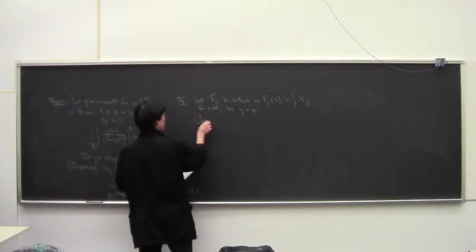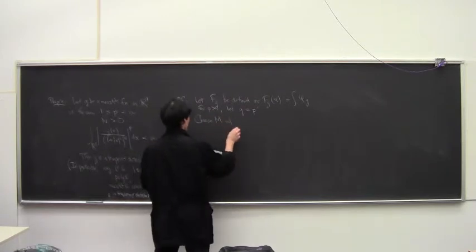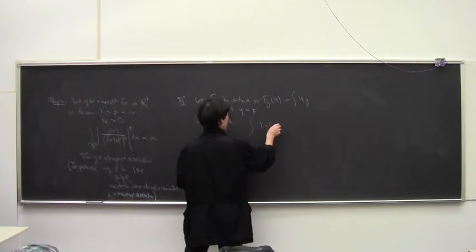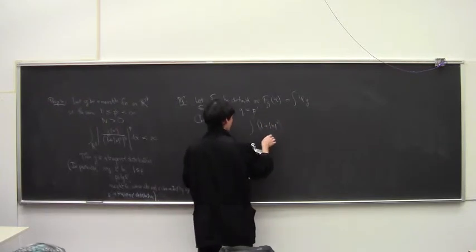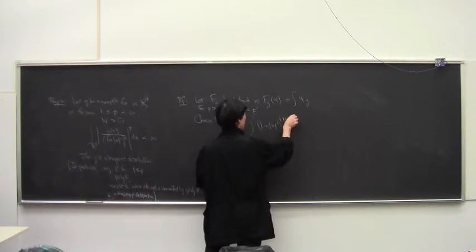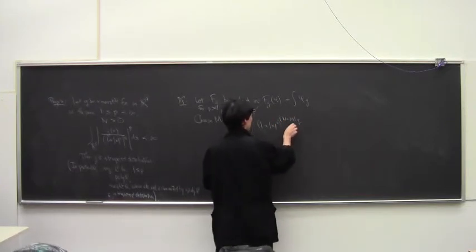Choose m such that the integral of (1 plus |x| squared) to the n minus m q is finite.